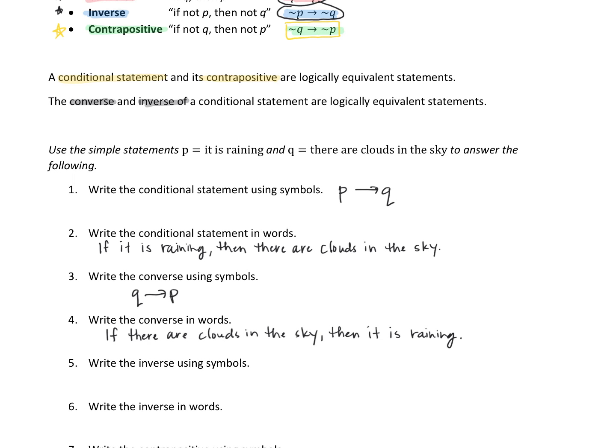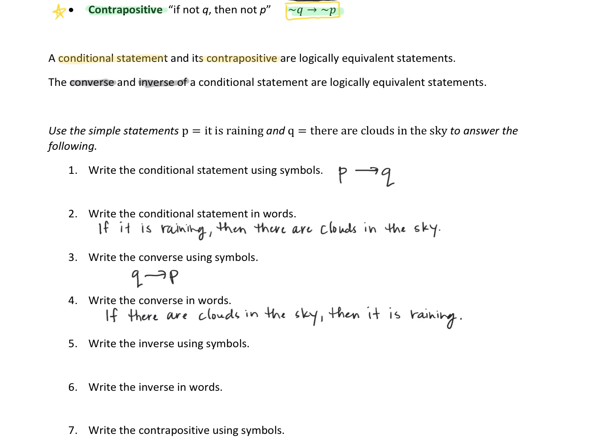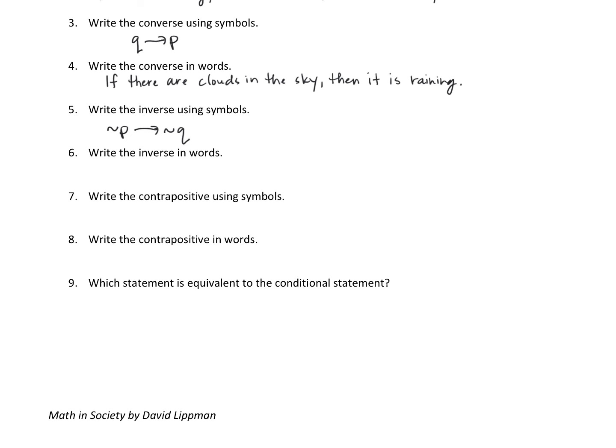Okay, number five, write the inverse using symbols. So the inverse is P first, Q second, but it's negating both of those. So that would be not P implies not Q. Okay, so write the inverse in words. If not P. So P is it is raining.